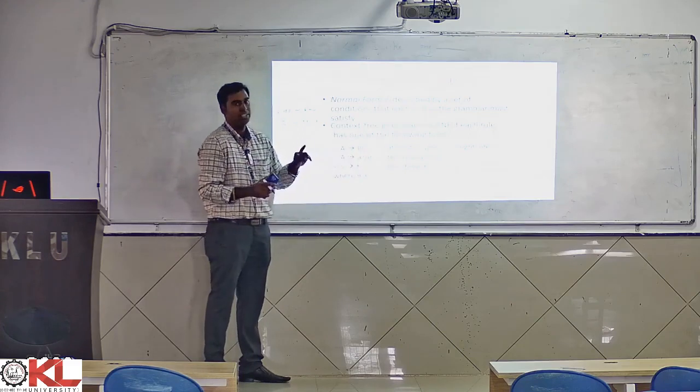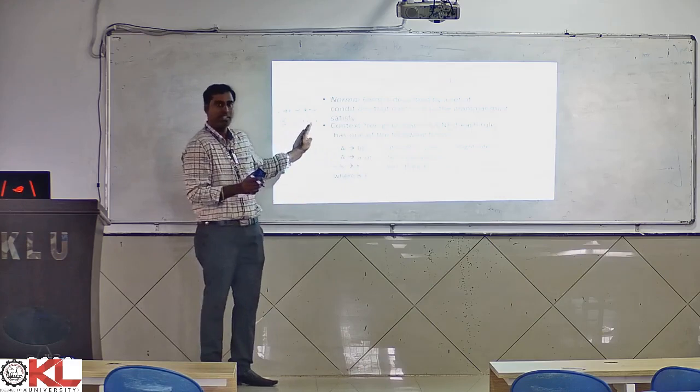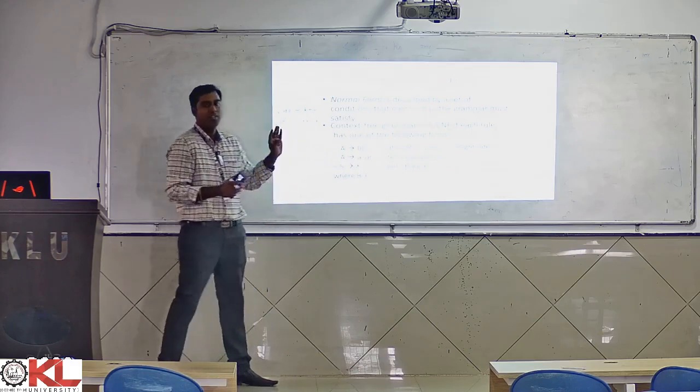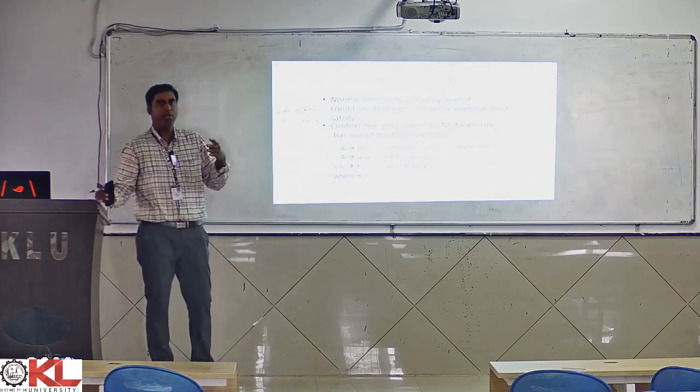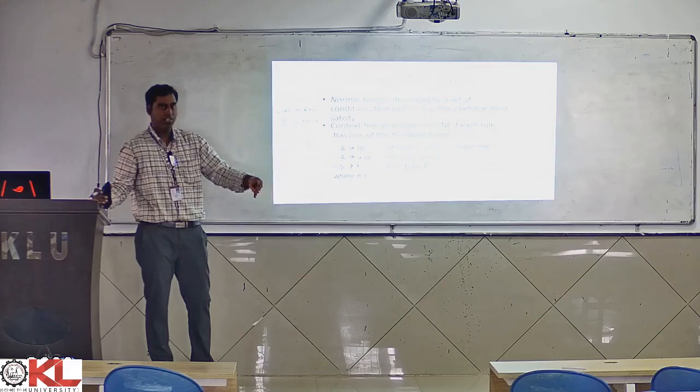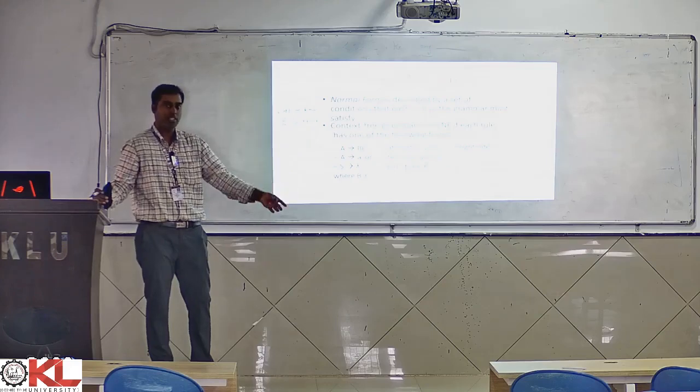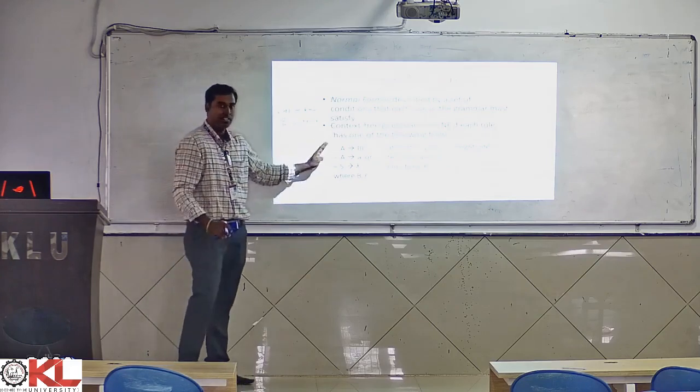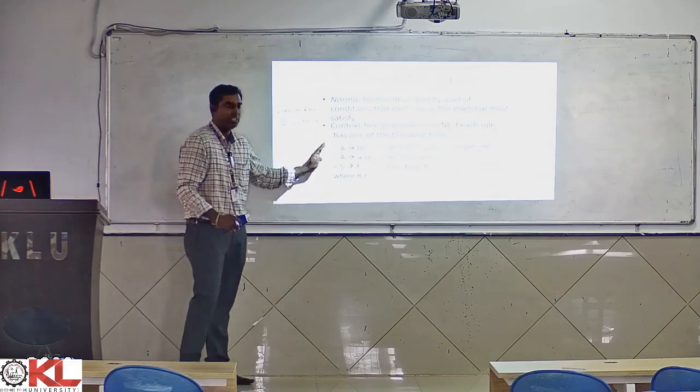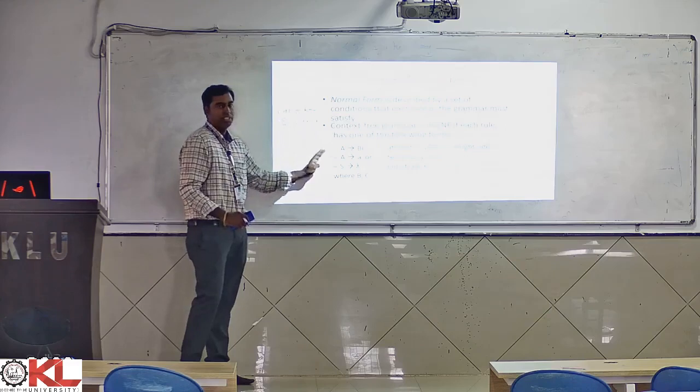These are all technical terms used in this particular concept. A terminal word or terminal symbol means it cannot be further derived. Non-terminal words or non-terminal symbols can be further derived using the set of rules in the given grammar.